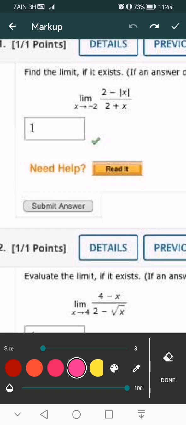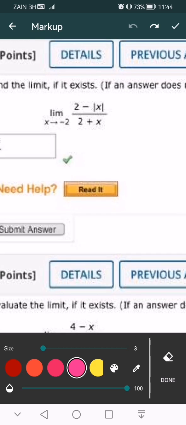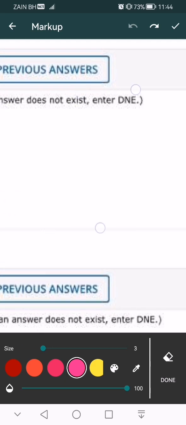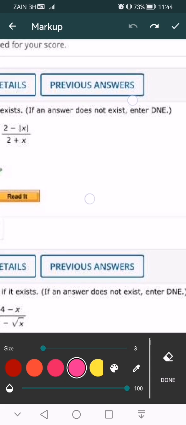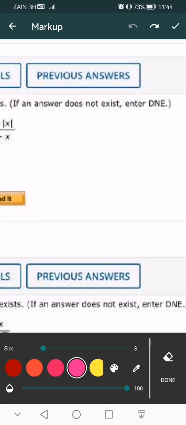In this case, because I have an absolute value, the concept of absolute value in 2.3 is that the absolute value may be negative and may be positive. Let me first explain the absolute value concept.